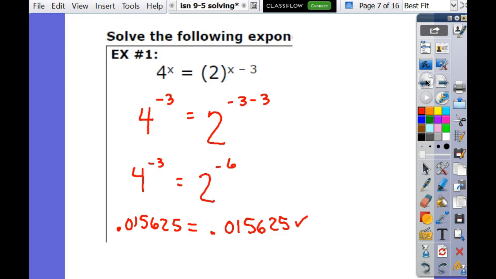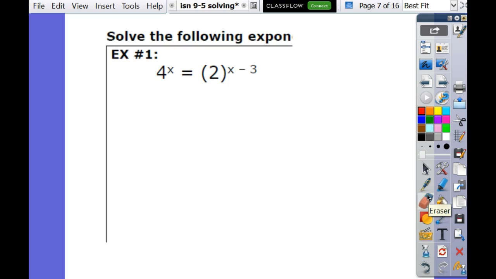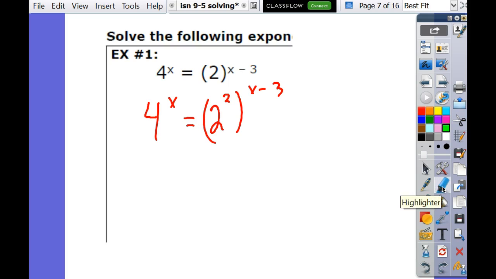I just wanted to mention something else. I had some people do this. They said the base is 4, so I'm going to change this to base 4, so this needs to be 2 squared. Is that okay to do it that way? Well, think again, because is this equal to that? You can't substitute things that are not equal.